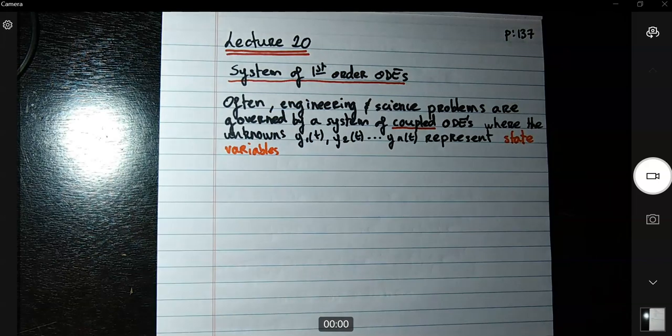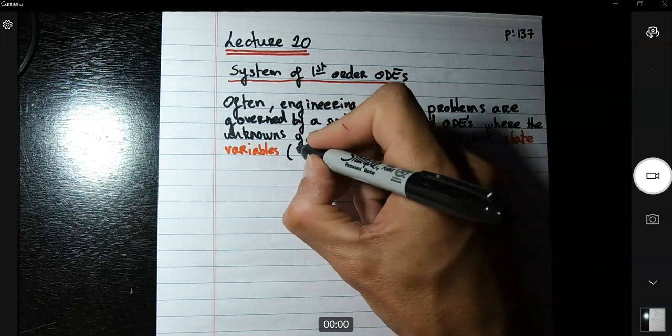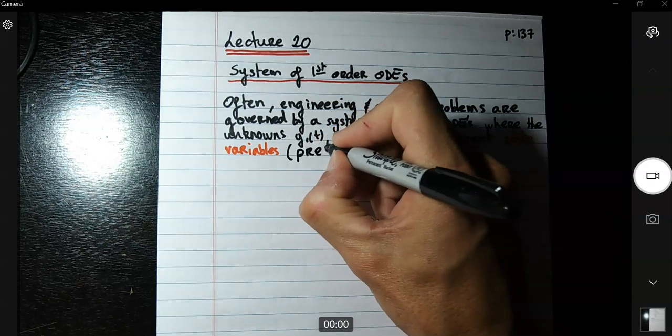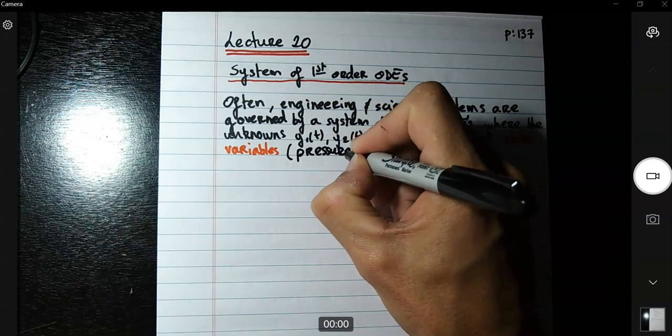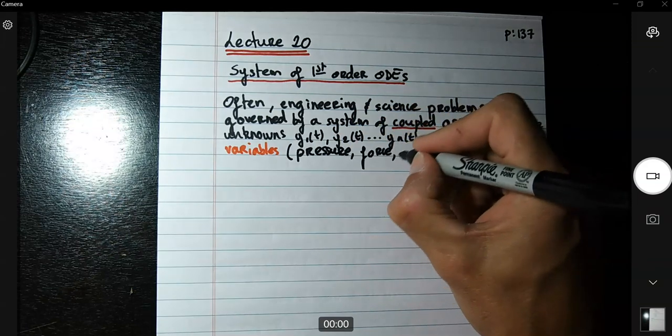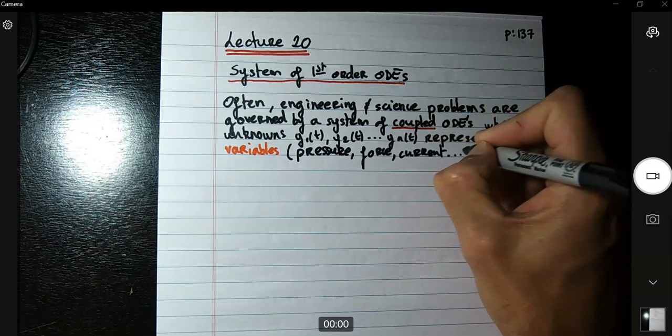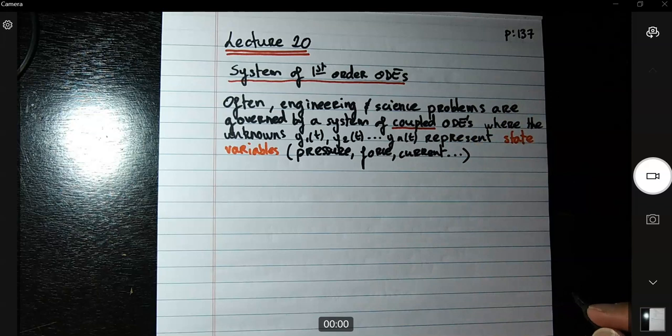These state variables will generally be different properties or characteristics of a system, like pressure, force, current, etc.